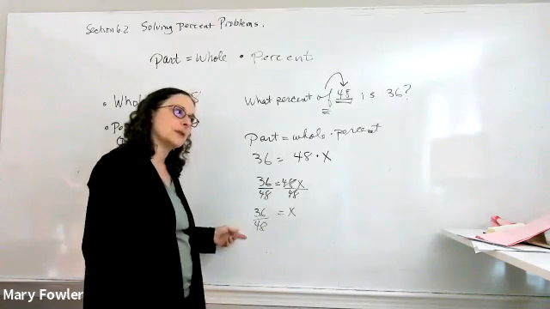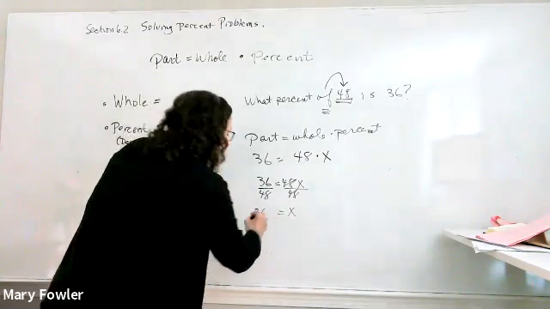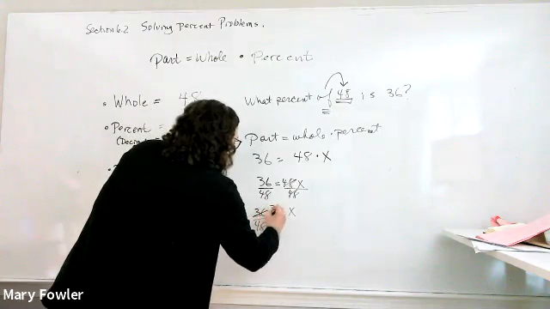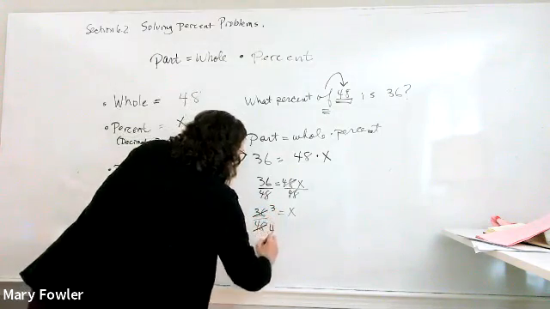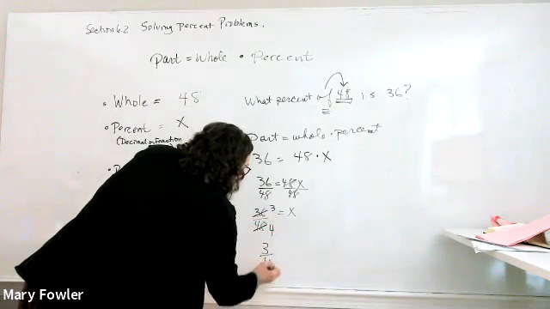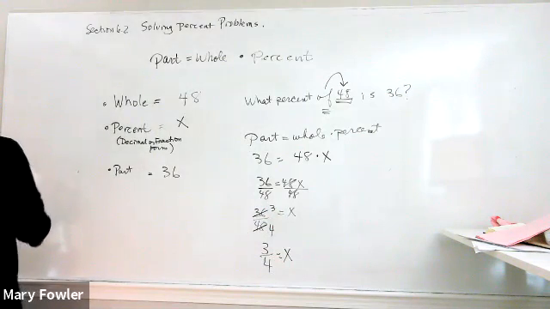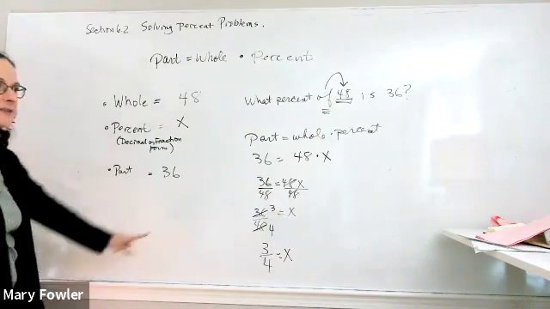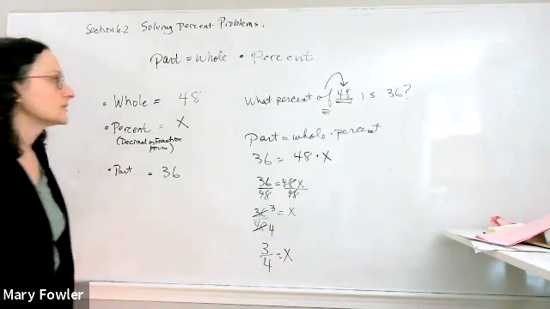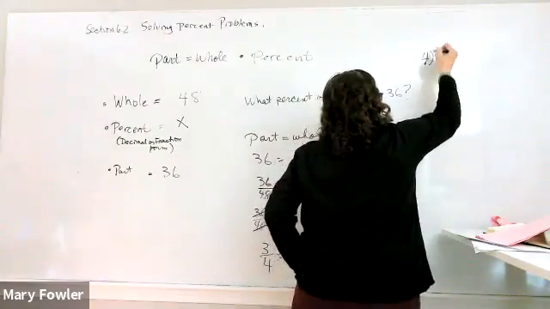So reducing here, 12 goes into 36 3 times, and 12 goes into 48 4 times. So we have 3/4 is equal to X. And now what we need to do is represent that as a percent.